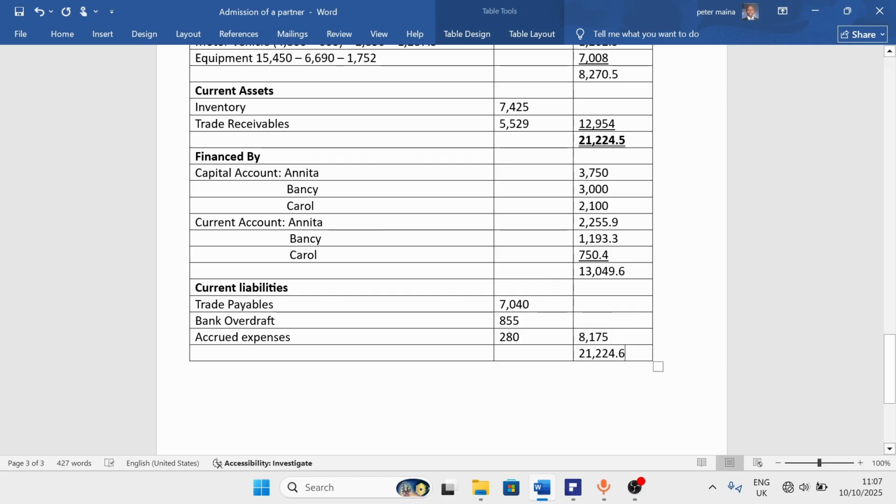So when you compare the total with the other total that we had, the total for assets was 21,224.5, and this one is 21,224.6. So there is a small difference of 0.1. So we can say that that is an insignificant difference. So therefore, we take this as a correct answer.